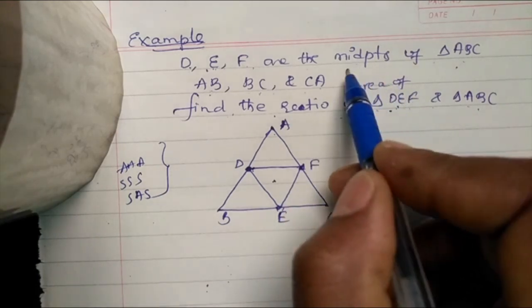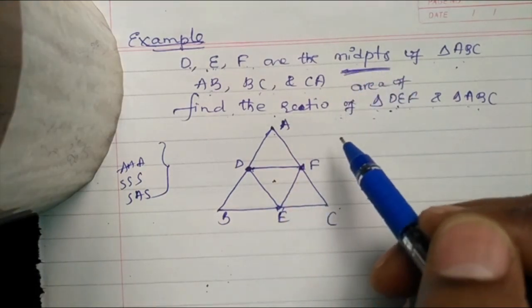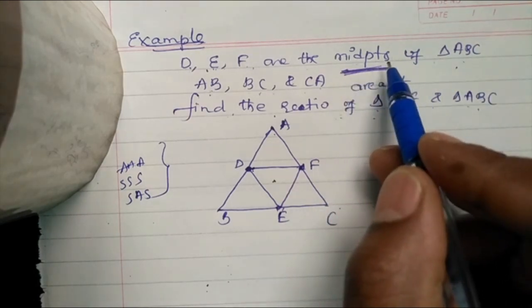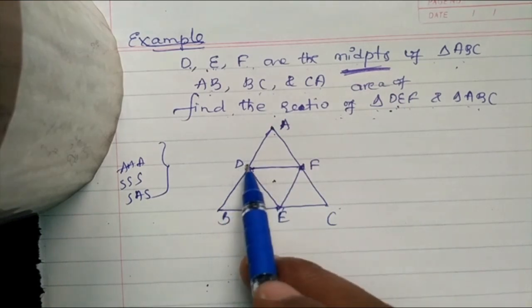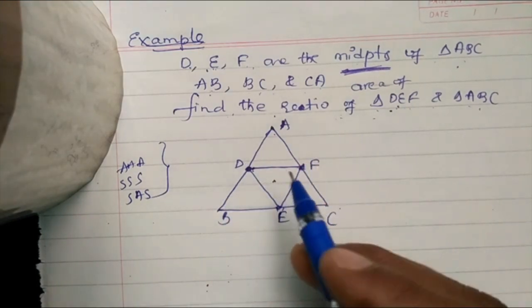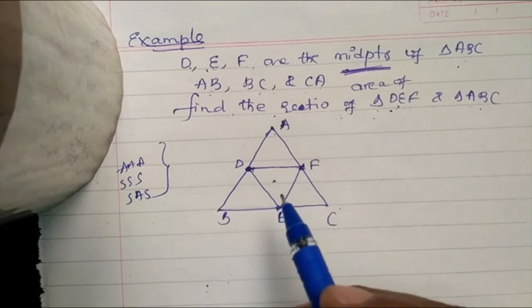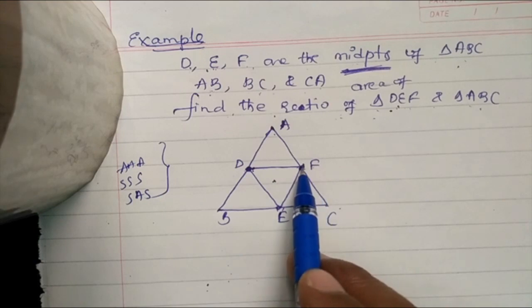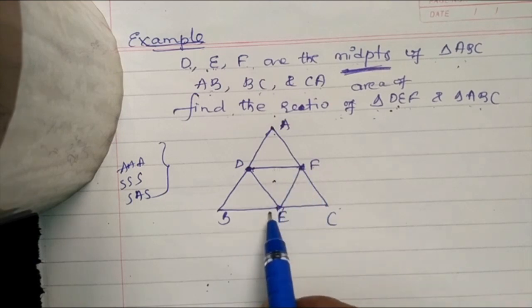See, look at here. One clue is given in the question: midpoint. When we see this word midpoint, it is not only one midpoint. There are three midpoints. So shall we go to the midpoint theorem now? What does the midpoint theorem explain? A line joining two midpoints will be parallel to the third side and half of its length.